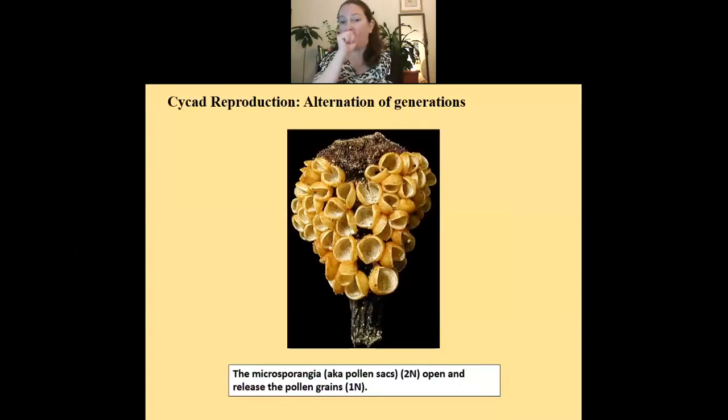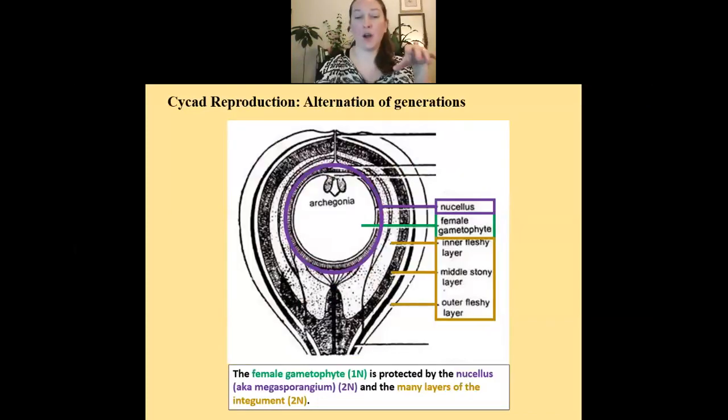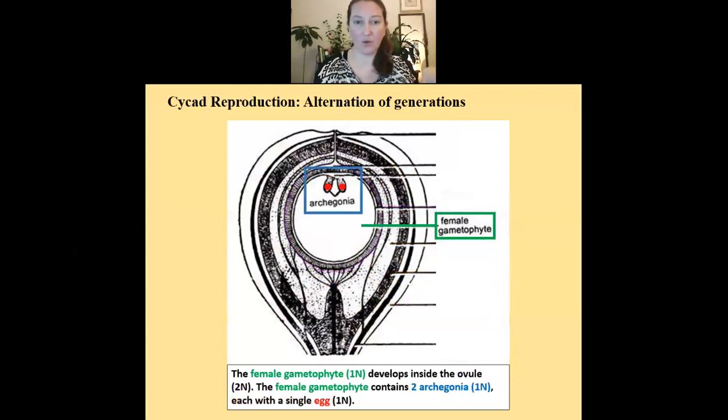So here's your ovule, right, with the parts. Here's your ovule with the female gametophyte inside with her archegonia and egg.